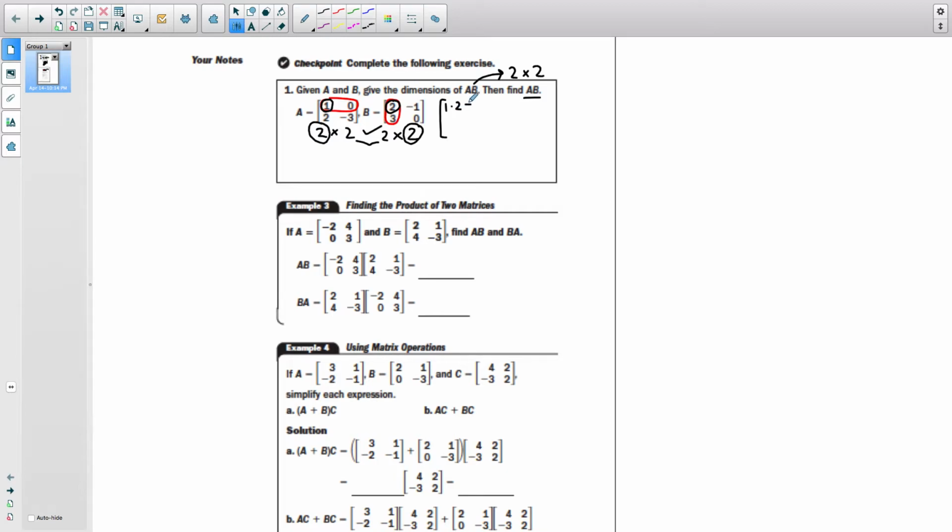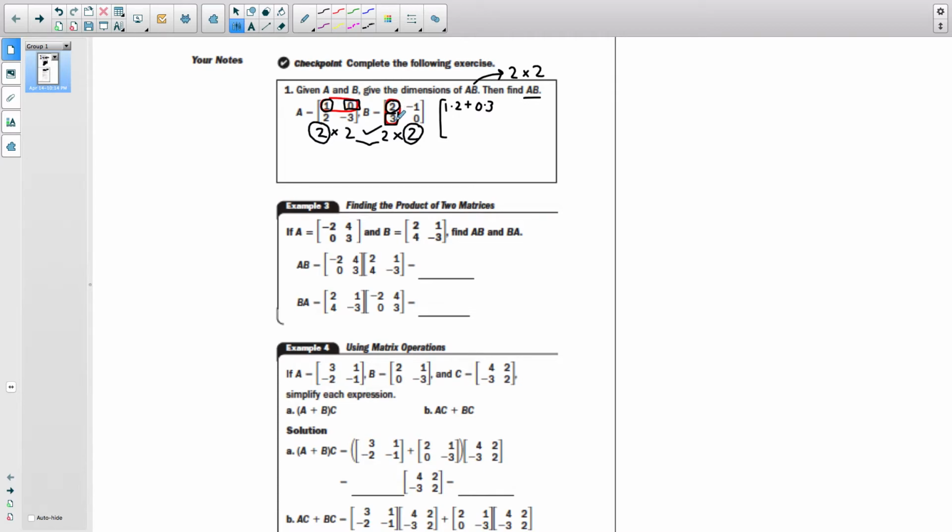Then I would add that to the product of the second entry. So second entry of the row, second entry of the column. So that would be 0 times 3.